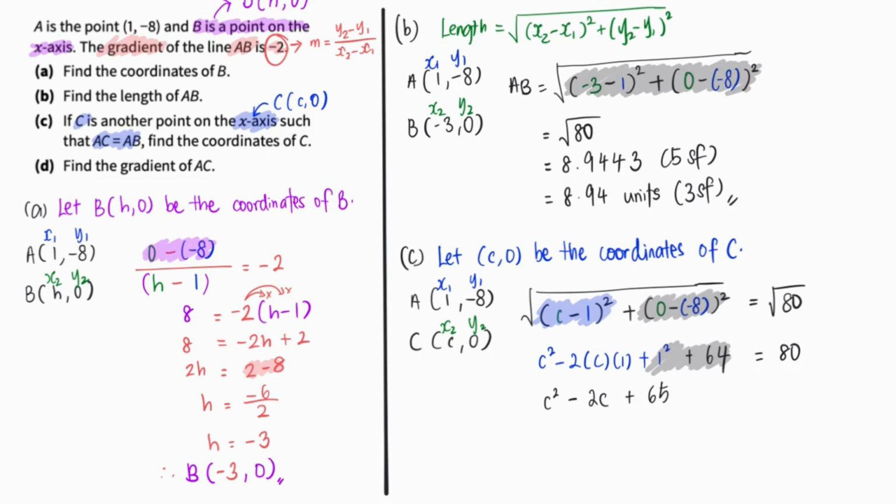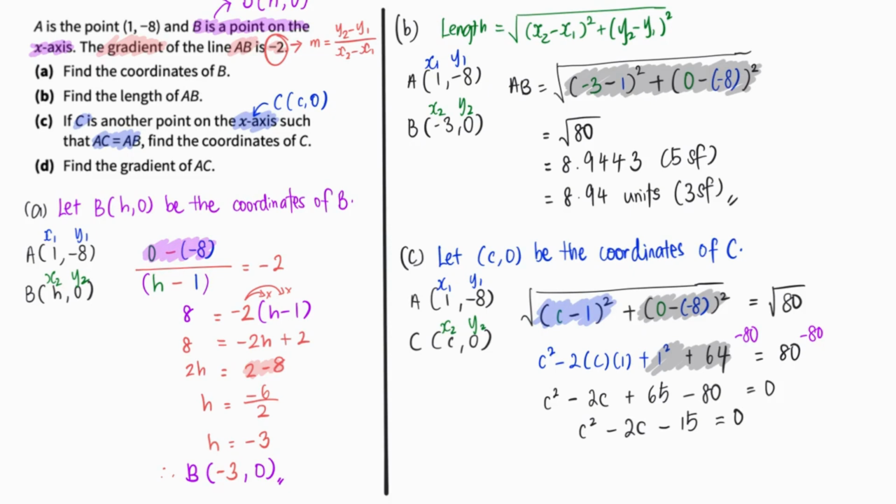And I'm going to minus 80 on both sides, so that eventually I will get C square minus 2C minus 15 equals to 0.